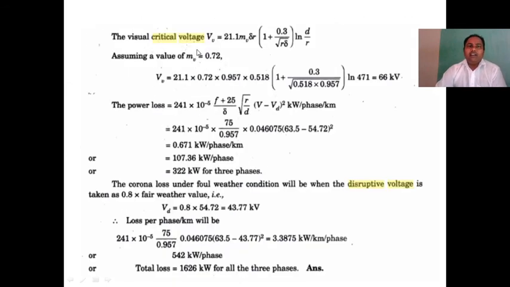The visible critical voltage: substitute the formula 21.1 mv delta r into 1 plus 0.3 by root of r delta, into log d by r, assuming visible surface irregularity factor 0.72. Substituting 21.1, 0.72, 0.957, 0.518, r value 0.518, delta value 0.957, log 471, we get 66 kV.